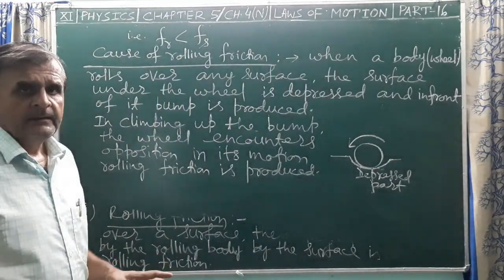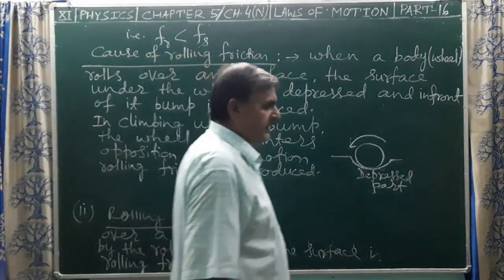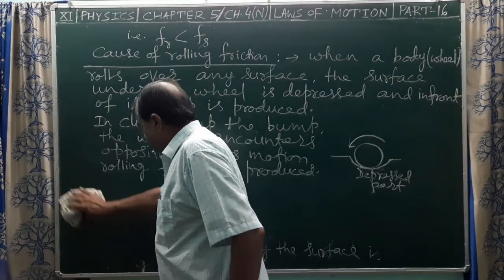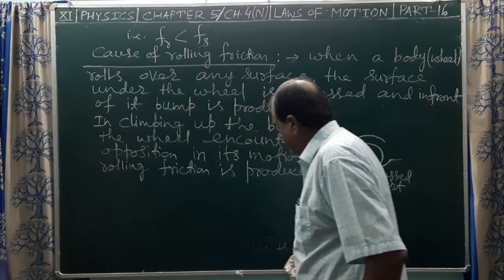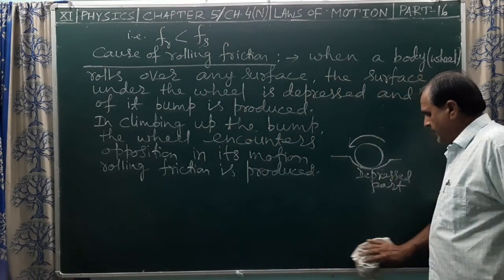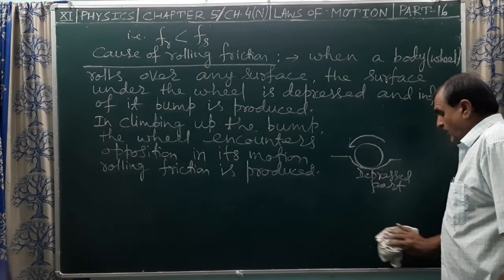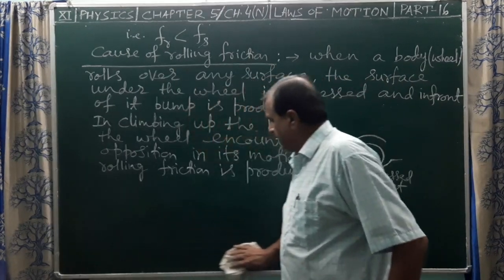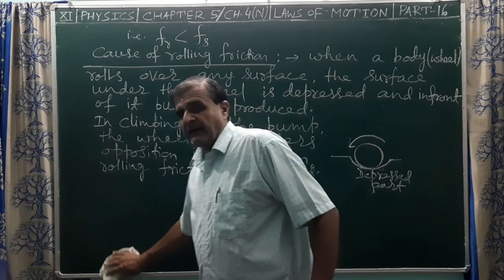motion of a block over a rough horizontal surface. We have to obtain the expression for retardation of a block moving over a rough inclined surface, and also we will obtain the formula for the stopping distance.